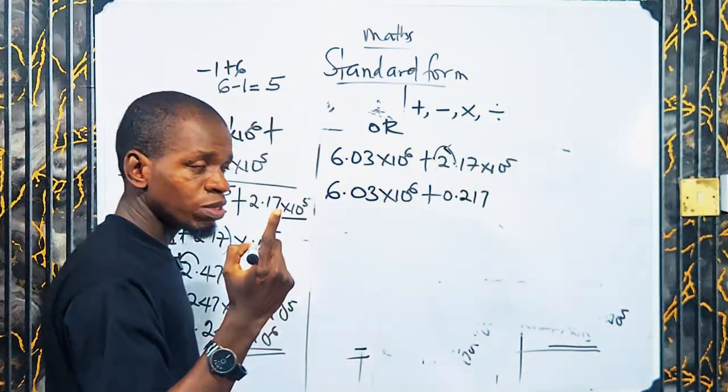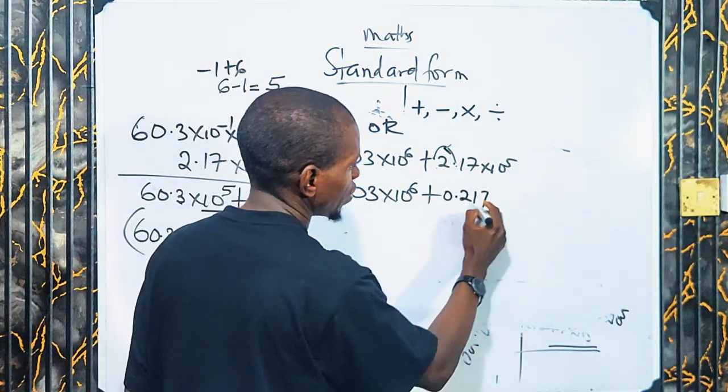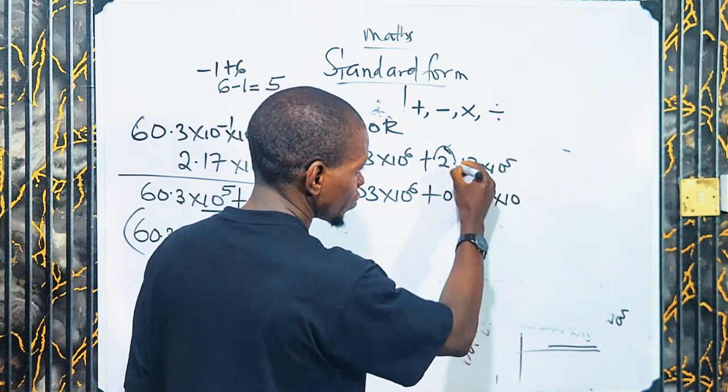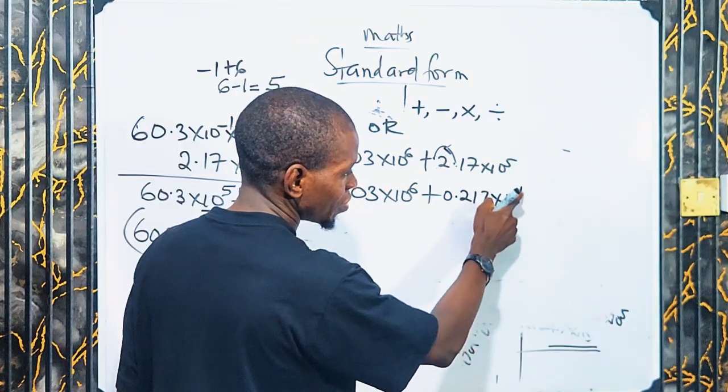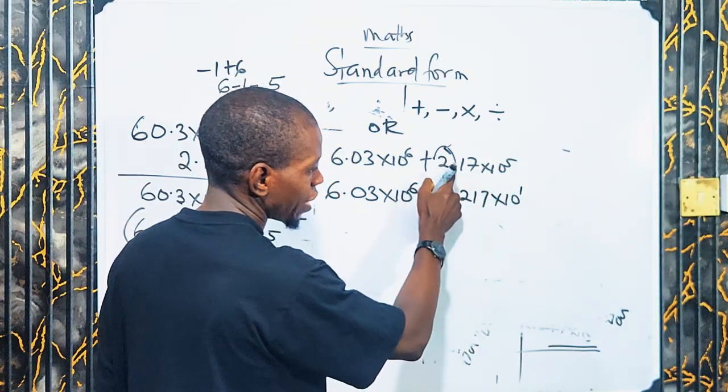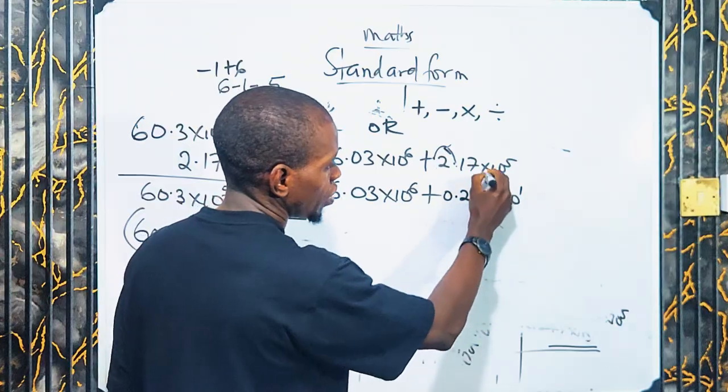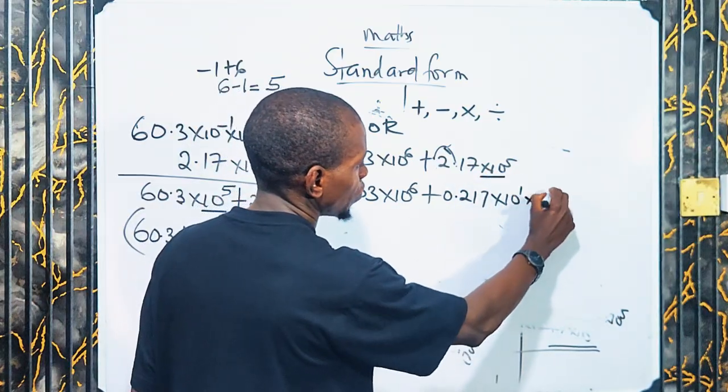Back to front is going to be positive, so I say 0.217 times 10 raised to the power 1. Because I moved it once, I'll put 1. And why did I say positive 1? Positive 1 because I moved from back to front. Then I'll bring that 10 raised to the power 5.